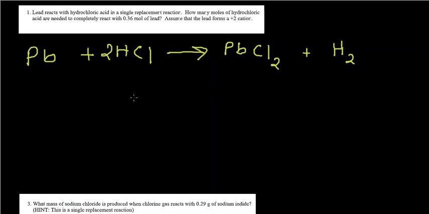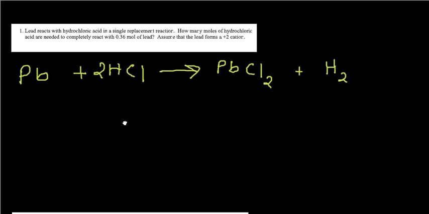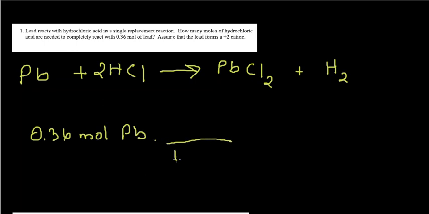Alright, so the question asks how many moles of hydrochloric acid are needed. So you have 0.36 moles of lead, and so 1 mole of lead, and here's the defining part of stoichiometry. You can look at the coefficients of this reaction and you can solve this.